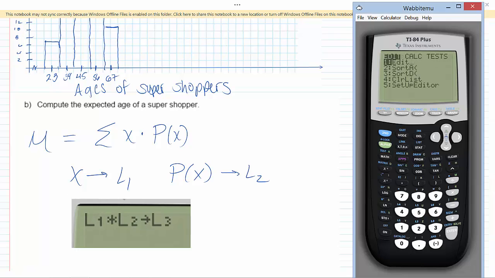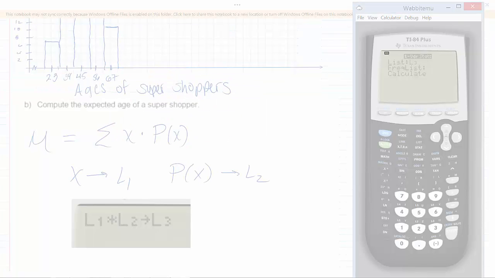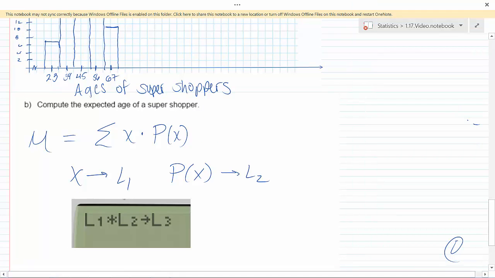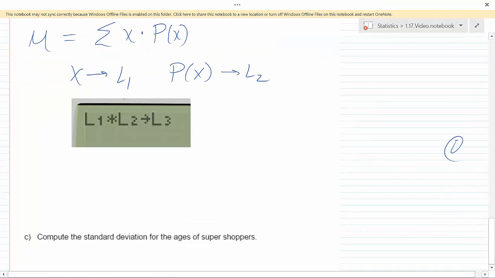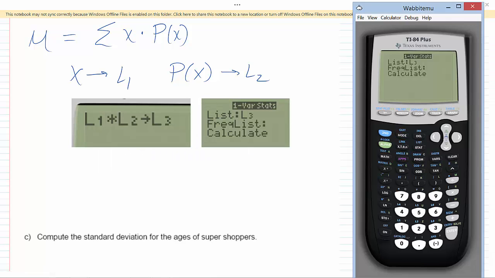And now I'm going to go stat calc and I'm going to run one of our stats on L3. And again, I'm going to write this down so that I'm showing my work. This is what I'll expect you to do on your quiz as well, is to tell me what was your calculator input, so that if something went wrong, I can figure out what it was and give you partial credit.